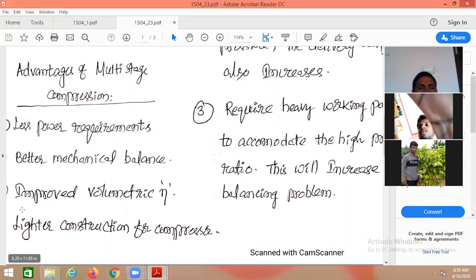And moreover, volumetric efficiency means the actual volume of air inhaled relative to the swept volume of the piston. In each stage of compression, when the pressure ratio is lower, more air can enter the cylinder.